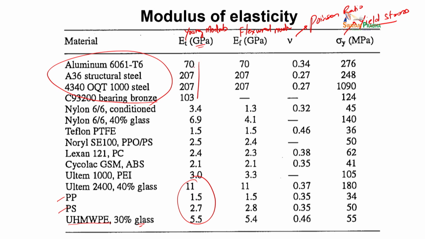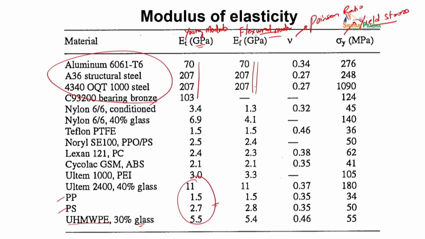Okay, it already tells you in terms of strength of this material, in terms of Young modulus, steel or metals are quite 200 times or 2 orders of magnitude stronger than polymeric materials. Okay, and similarly, if you look at flexural modulus, that means the ability to bend this material. You can see that again the metals have a very high flexural modulus, whereas the polymers have 2 orders of magnitude smaller.